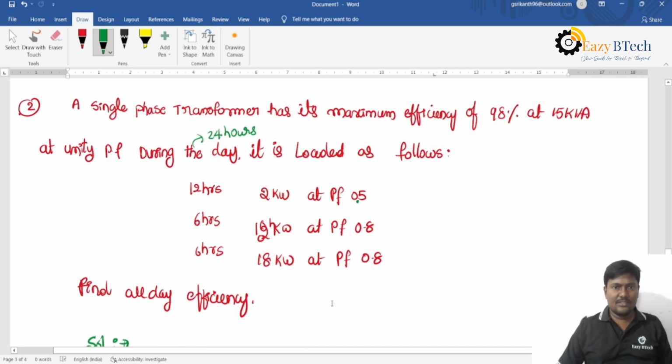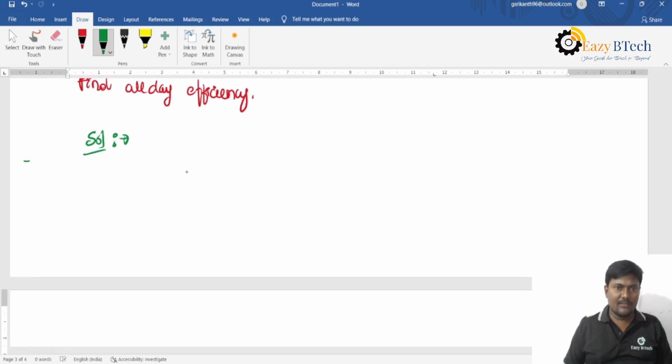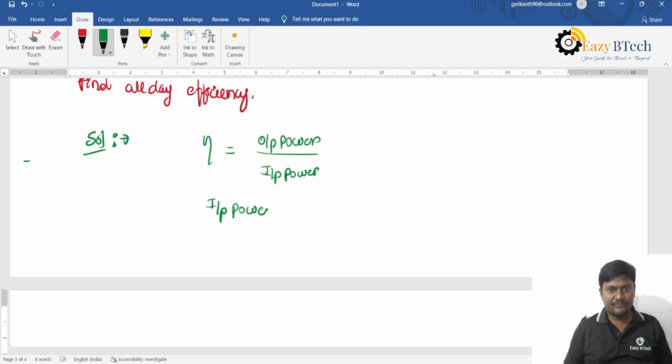So efficiency is 98% at 15 kVA. The efficiency is equal to output power divided by input power. So from this we can calculate the input power, which is equal to output power divided by efficiency, since the maximum efficiency is given.